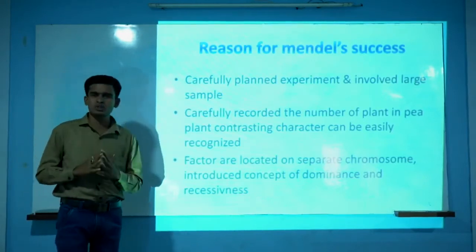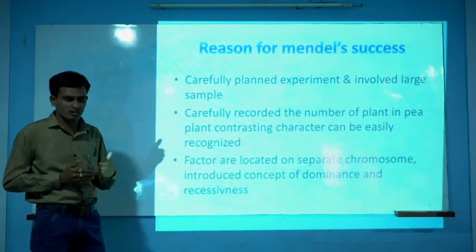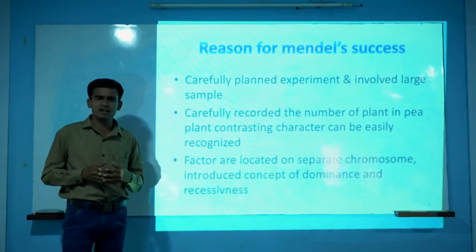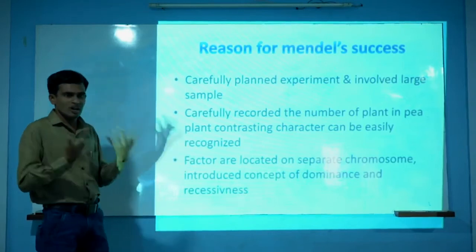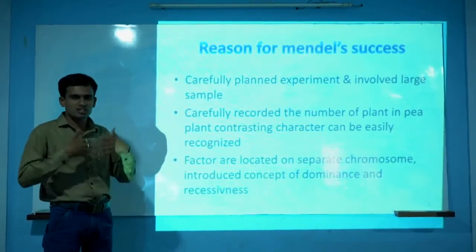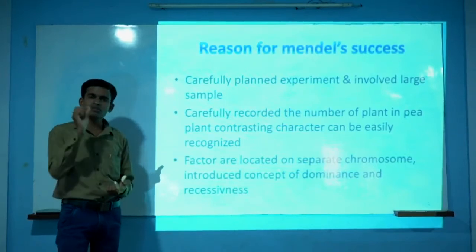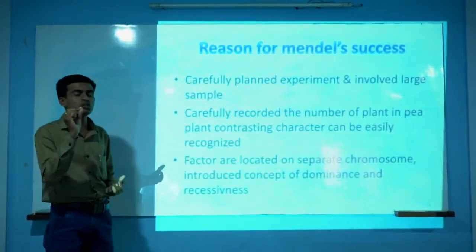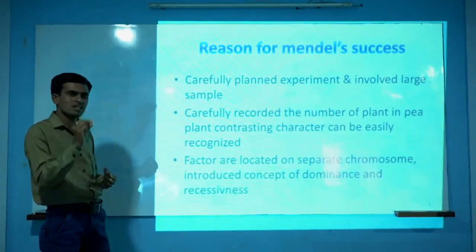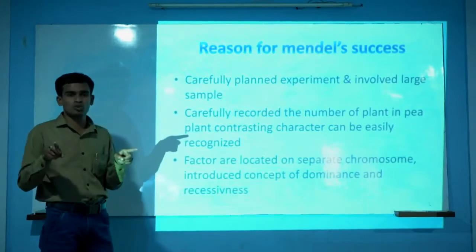As I already told you, Mendel's work was before the invention of any sophisticated instrument like the microscope. After the discovery of the microscope, genes were recognized and observed. Mendel rightly called it a particulate matter responsible for the expression of characters. That factor is present on the chromosome, on separate chromosomes.